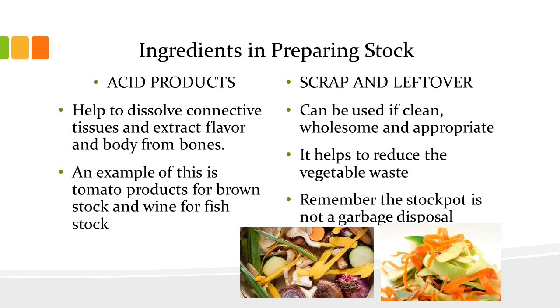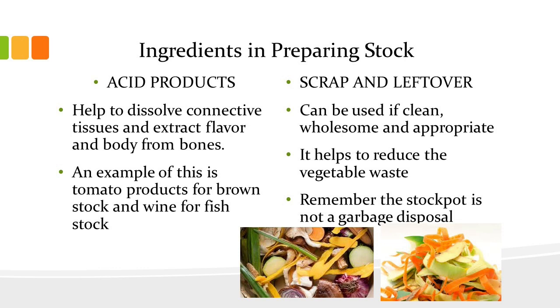Next is the scrap and leftovers. Scrap and leftovers can be used if clean, wholesome, and appropriate. Many of us usually dispose of them or have our pet eat the leftover, but if someone in the house knows what to do with the leftover, then another menu or dish will come up through this leftover.